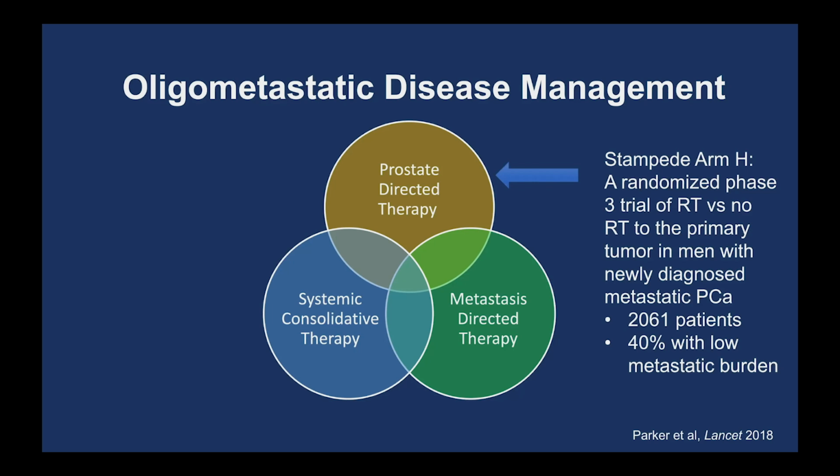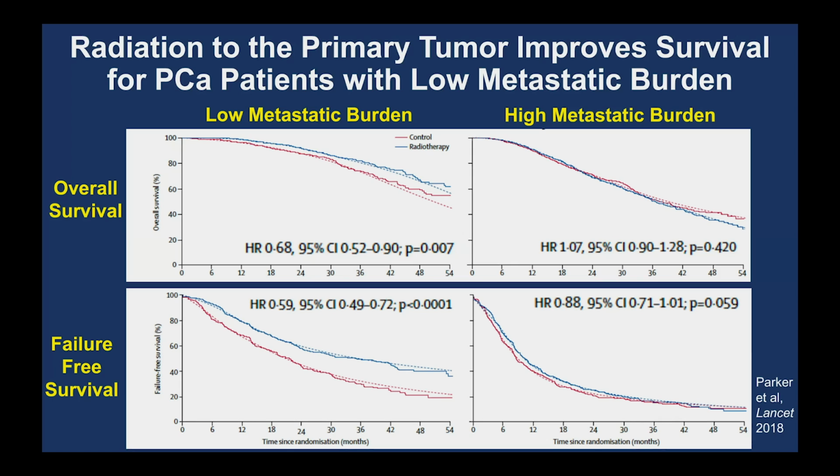This is a study that was recently reported out that included over 2,000 patients, 40% of which had what we term a low metastatic burden, consistent with oligometastatic disease. And so here again are some of these Kaplan-Meier curves that Dr. Hong alluded to. And really, I think what I want to boil this down to is that in this particular study, you could break down patients by whether they had low metastatic burden, shown on the 2 Kaplan-Meier curves on the left, versus high metastatic burden, shown on the 2 Kaplan-Meier curves to the right.